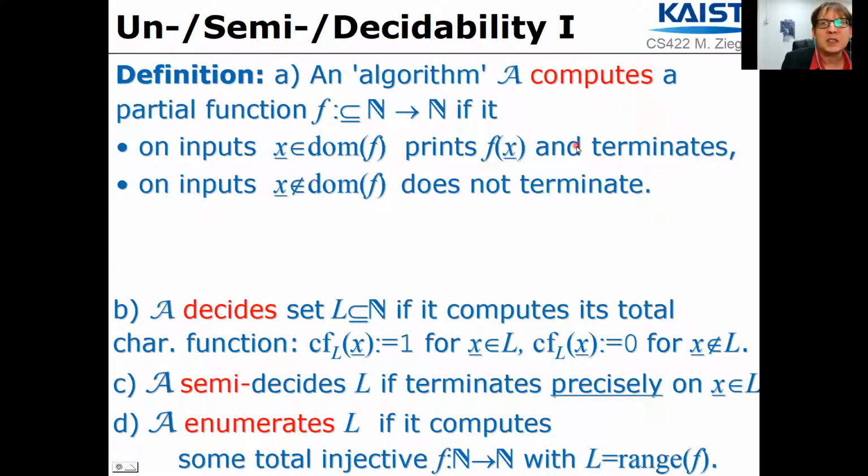And the emphasis here is that this is a total function. To motivate this, suppose you have a list of all possible words in your favorite language, let's say English, like an Oxford dictionary, which contains all valid words in the English language.